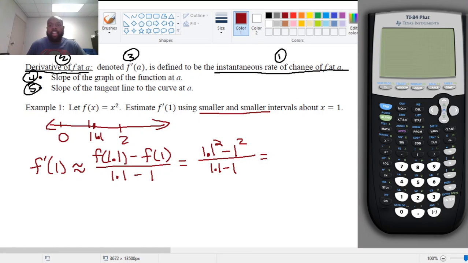All right, we put that in our calculator, and I'm just going to enter this as I see it on my paper here, right? So I have 1.1 squared minus 1 squared. I put that in parentheses because I'm going to divide that by 1.1 minus 1. I'm going to close that parenthesis and press enter, and I get 2.1. All right, I get 2.1.